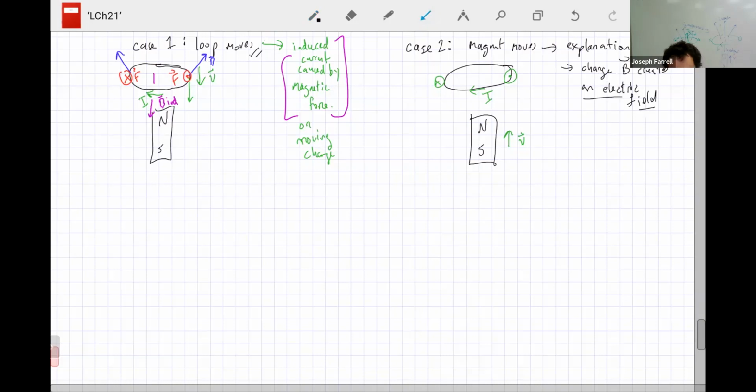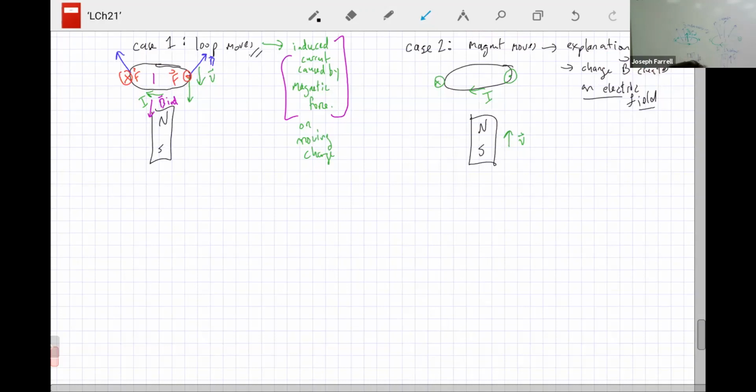If you do a complete version of magnetism and electricity using relativity, you can get rid of the magnetic field. And that's the only way to unify these two features. So there is some jankiness to the level we're teaching this, but it's okay. So I want to focus on this case. The magnet moves. In this case, a change in B creates an electric field.